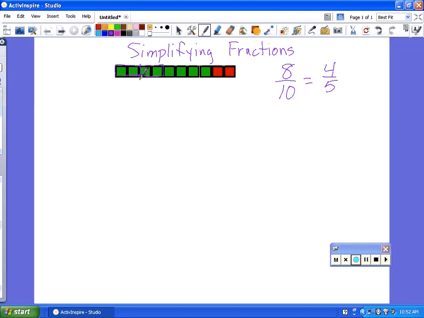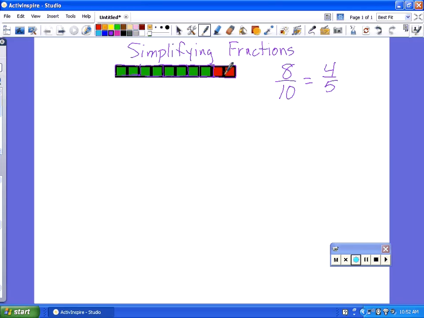So we could make 5 pieces that are all the same size. And now we have 1, 2, 3, 4 out of 5, so 4/5. 8/10 is the same as 4/5. They're equivalent fractions. 4/5 is simplest form.